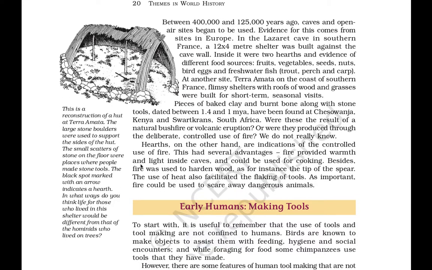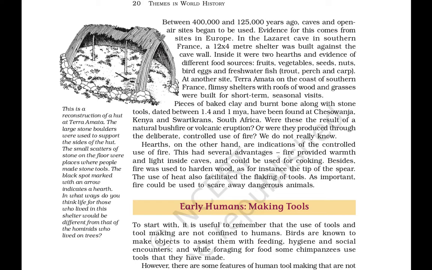Between 400,000 and 125,000 years ago, caves and open air sites began to be used. Evidence for this comes from sites in Europe, in the Lazaret cave in southern France. A 12 by 4 meter shelter was built against the cave wall.